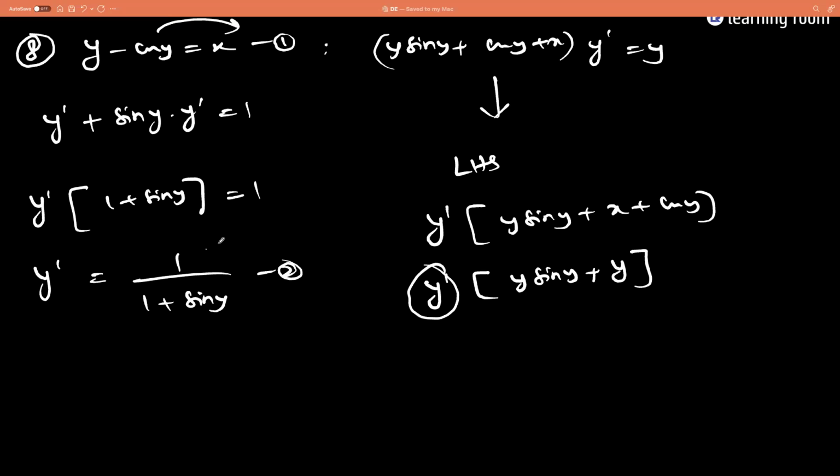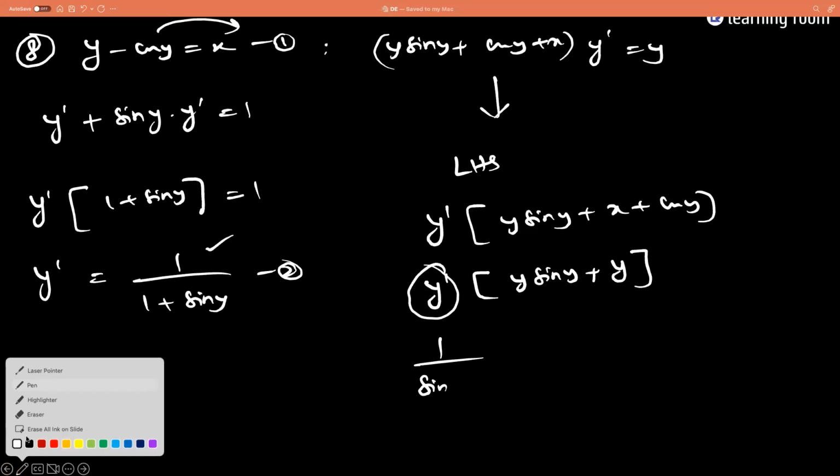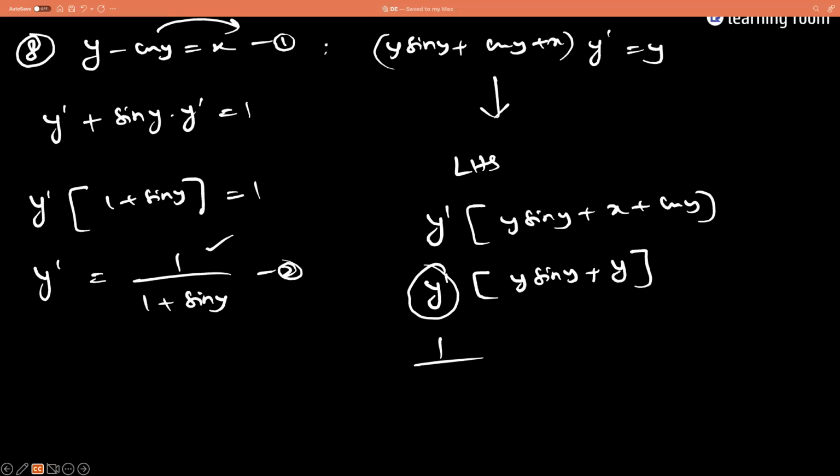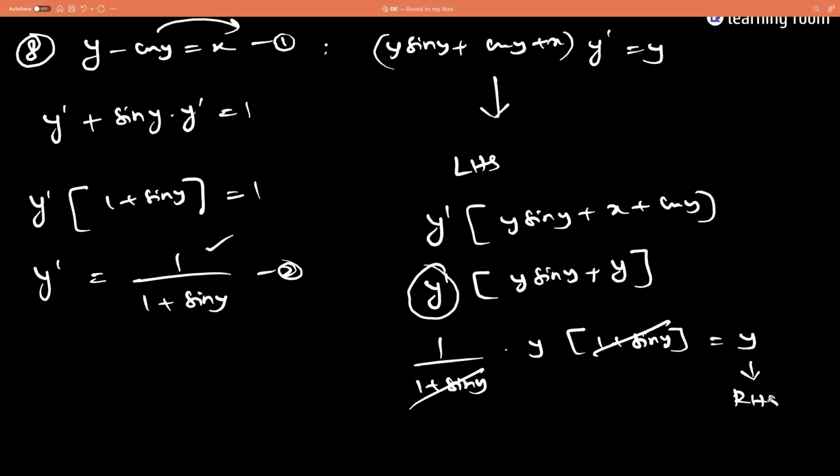In the place of y dash, can I substitute this, 1 by 1 plus sin y, into 1 plus sin y? Can I write it like this? So 1 plus sin y and 1 plus sin y are gone. What are you having? y. Is it not the RHS?